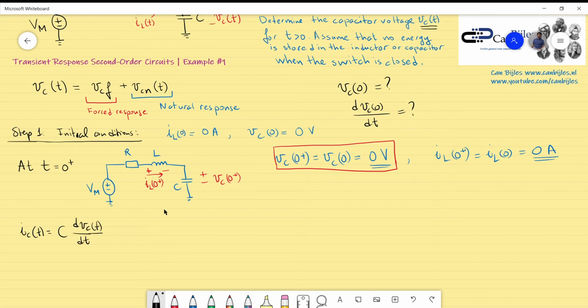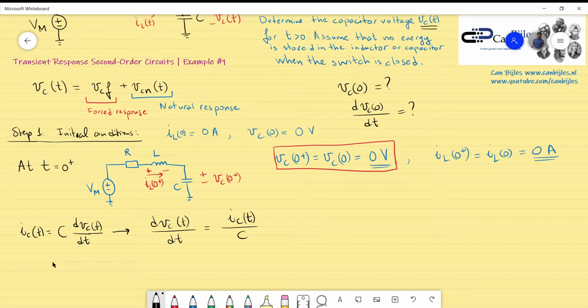That's the formula we should know from circuits basics. So the derivative of the capacitor voltage is actually IC, the current of the capacitor, divided by the capacitor value. If I rewrite this, I will have this, which is actually the required expression for one of the initial conditions.